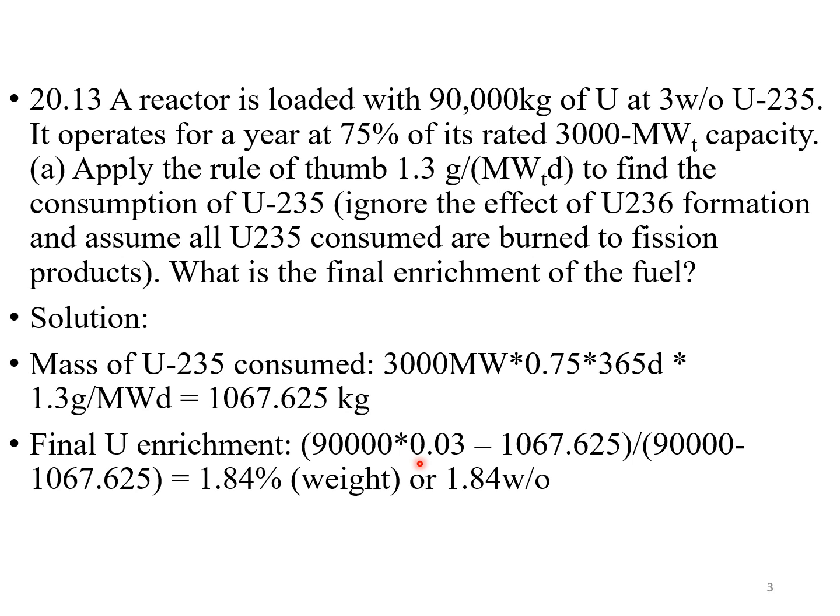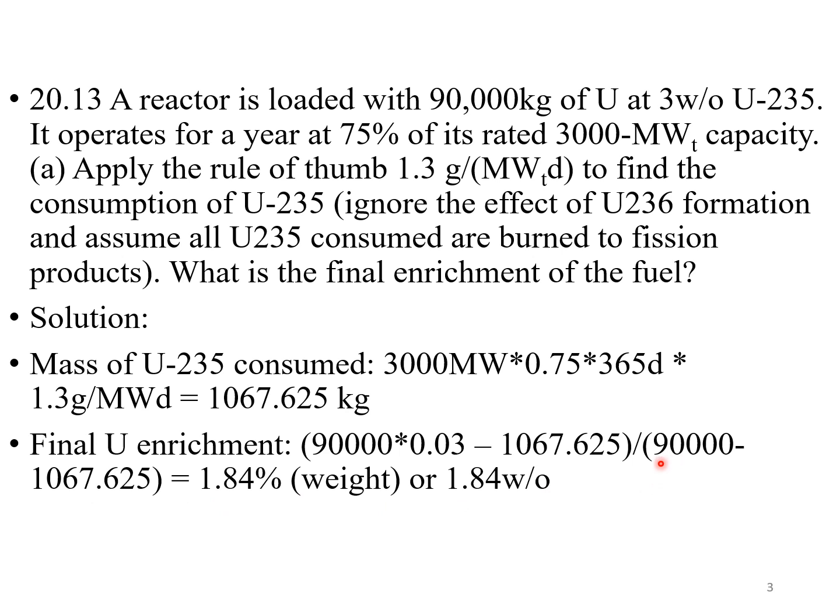Okay, remaining uranium-235 over the total amount of uranium after 1 year. So the initial total uranium is 90,000 kilogram. Then subtract the uranium-235 consumed, because if the uranium-235 is consumed, then it is no longer uranium, and we need to subtract this mass from the uranium inventory.